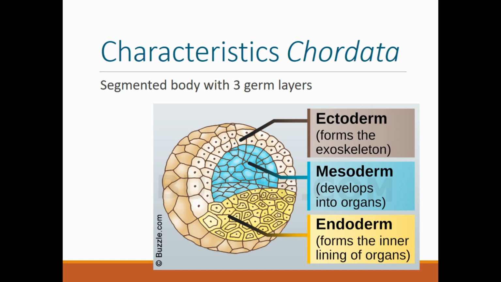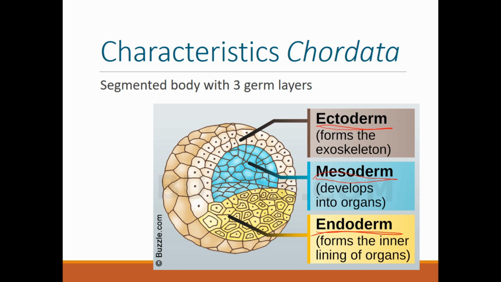And those 3 layers are spelled out right here. The ectoderm, which is going to be the outer layer, the mesoderm, which is going to be the middle layer of cells, and the endoderm, which is going to be the inner layer of cells. This is where our cells begin to differentiate, and this is the beginning of them starting to become different tissues.